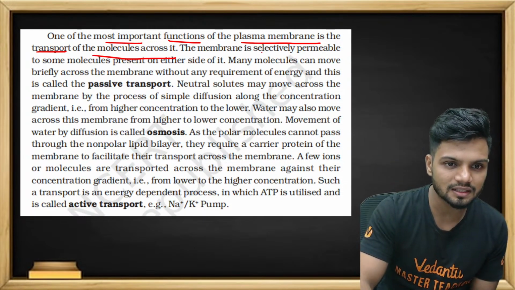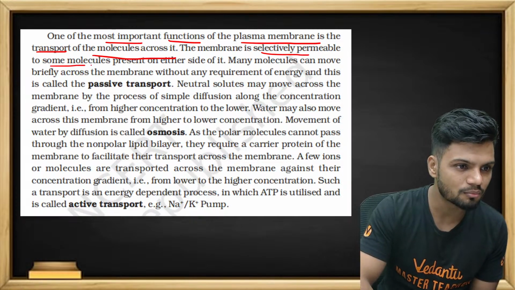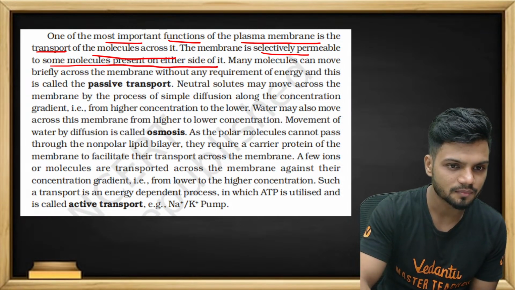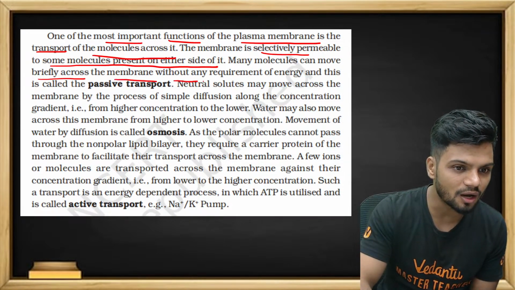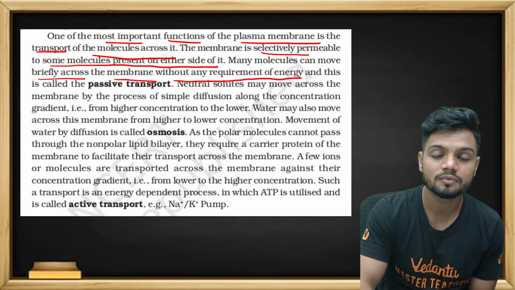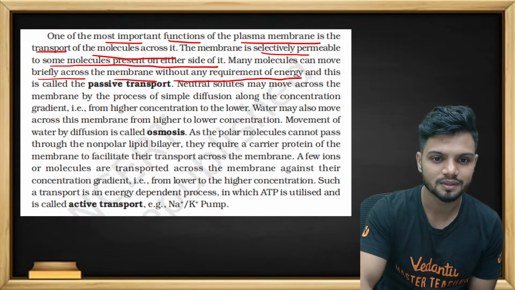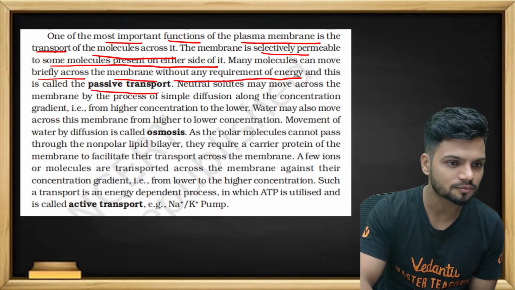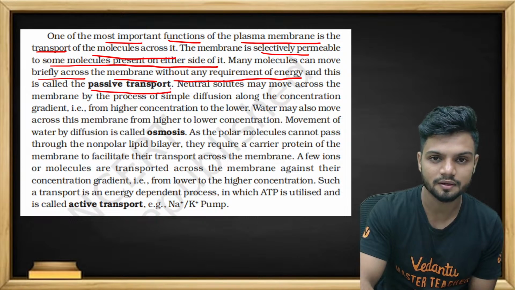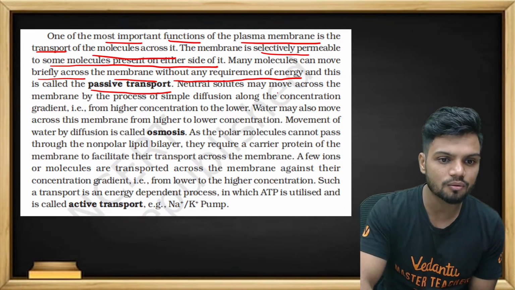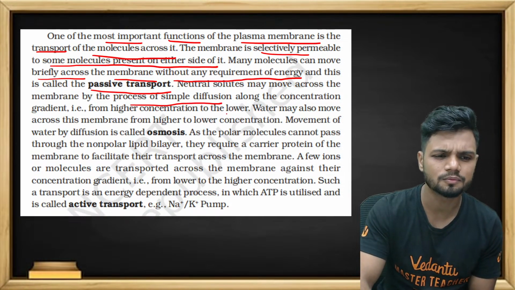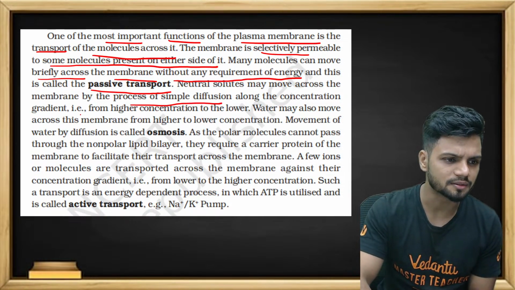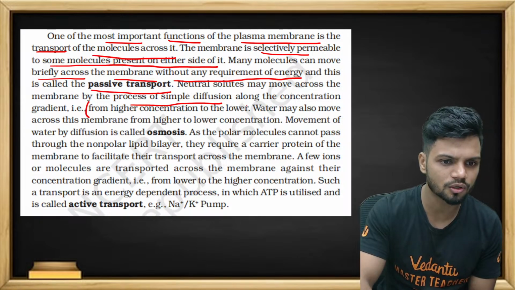The membrane is selectively permeable to some molecules present on either side of it. Many molecules can move briefly across the membrane without any requirement of energy, without any money you're traveling. And this is called passive transport. Okay, without any money. Neutral solutes may move across the membrane by the process of simple diffusion. They can simply go along the concentration gradient, that is from higher concentration to lower concentration.